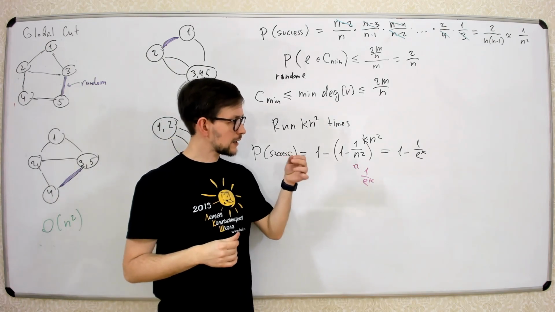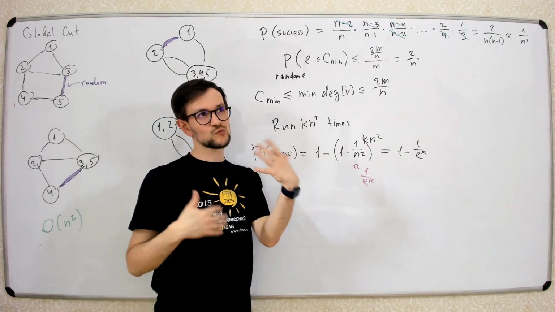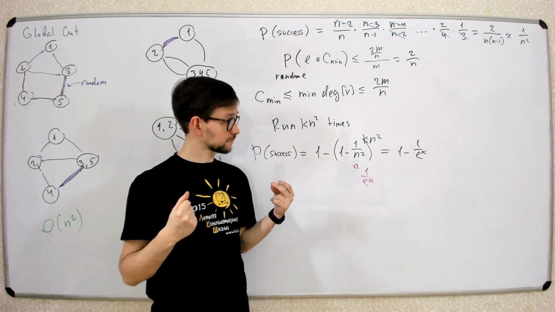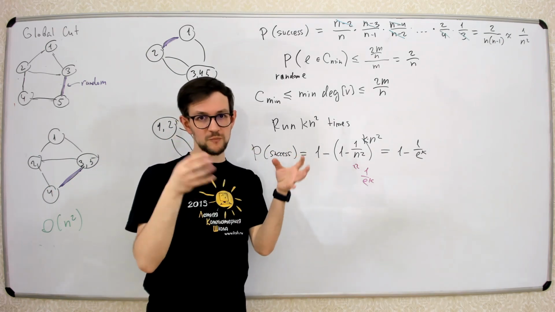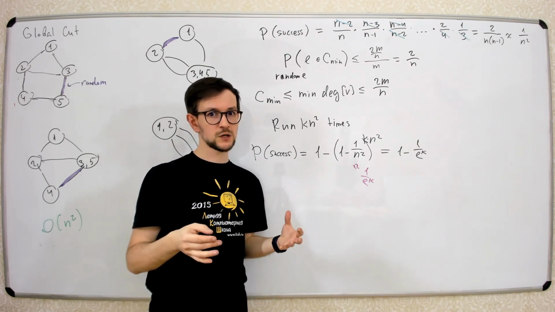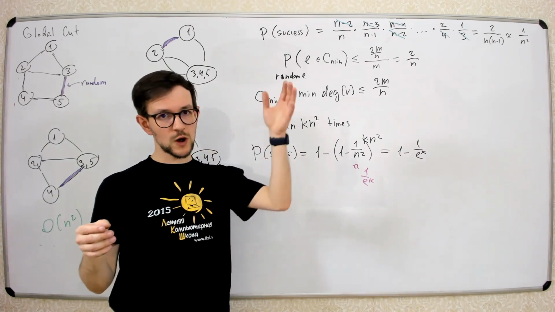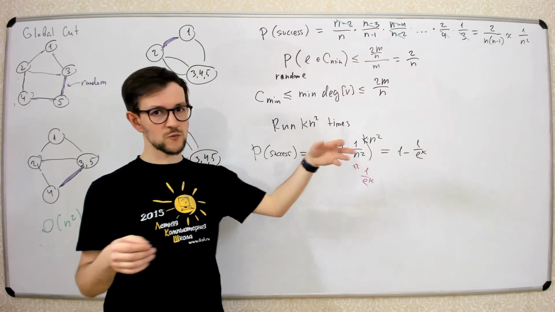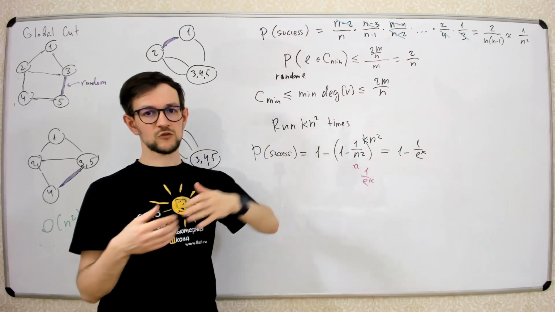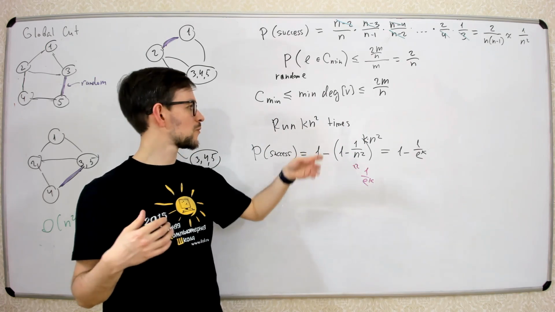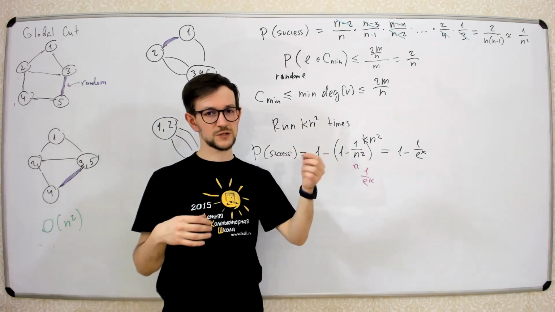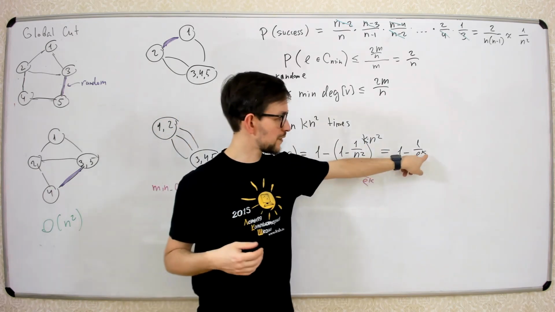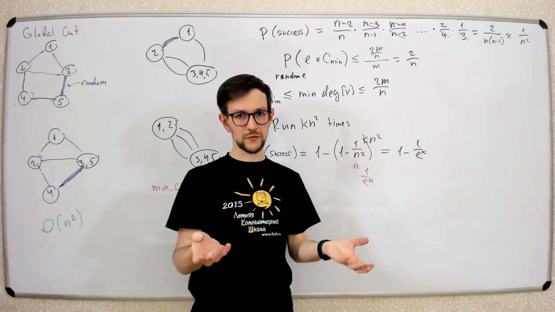And now we can actually control the probability of failure. So if we want the probability to be, let's say, 1 in a million cases, we can select k as logarithm of a million and run it that many times. If you want probability to be 1 in a billion cases, you can select k as logarithm of a billion and so on. So just by controlling this k, you can control the probability of the failure of this algorithm.